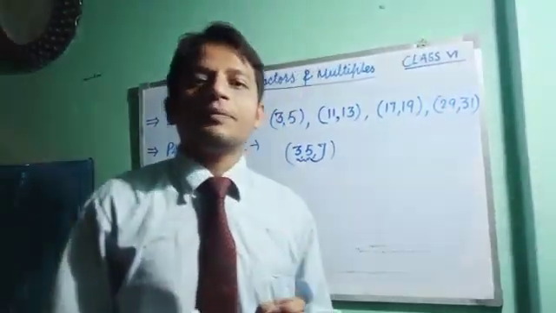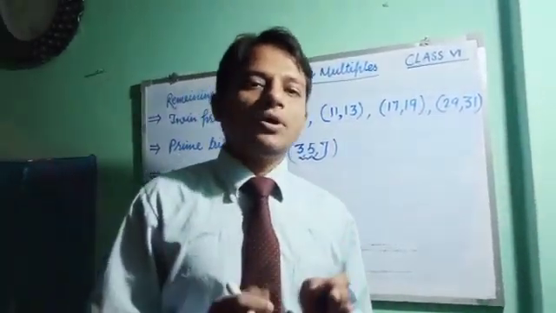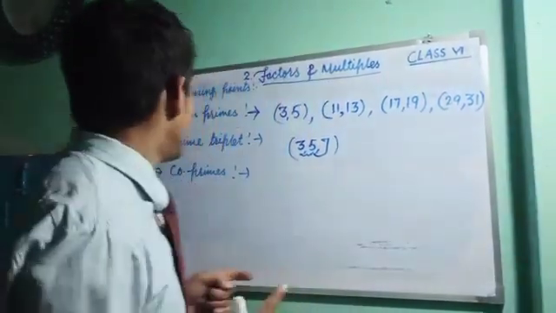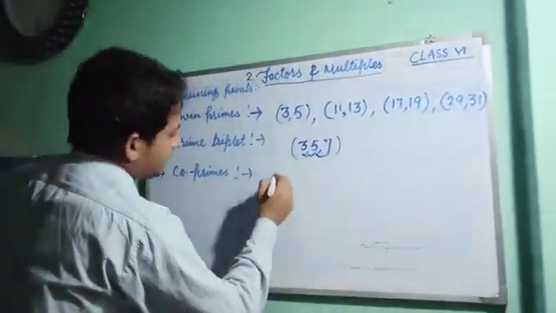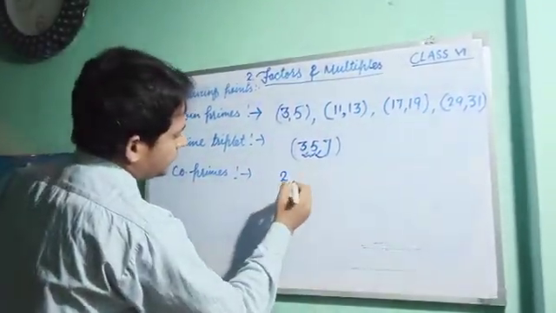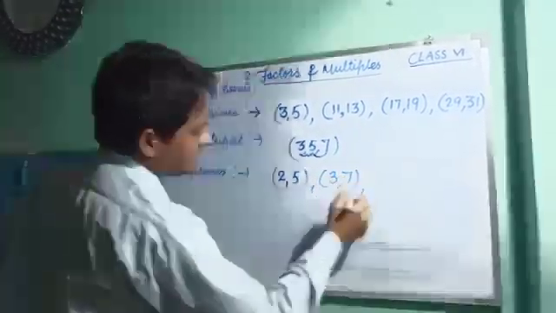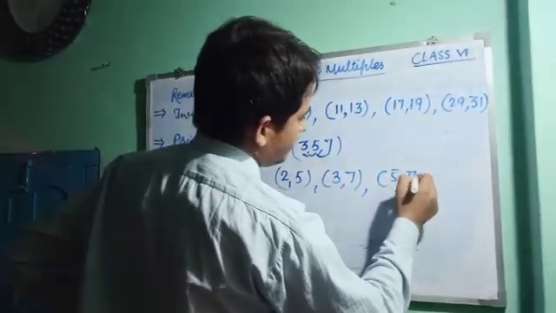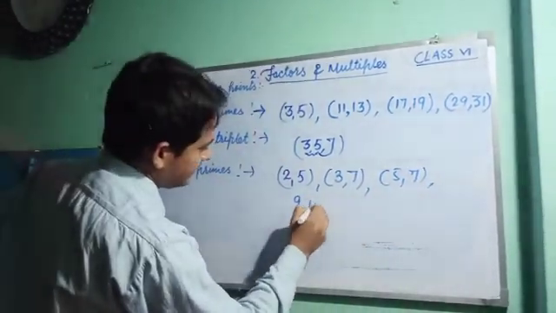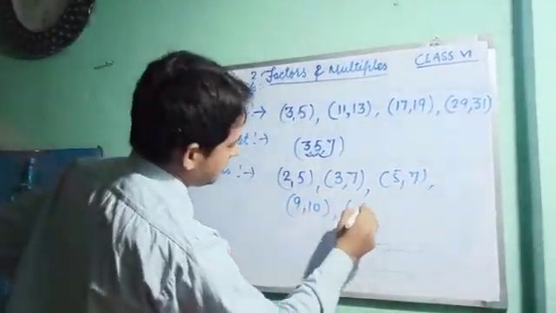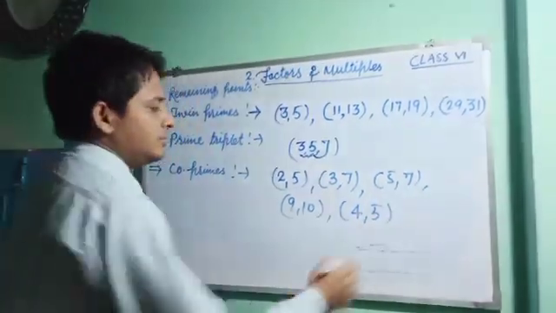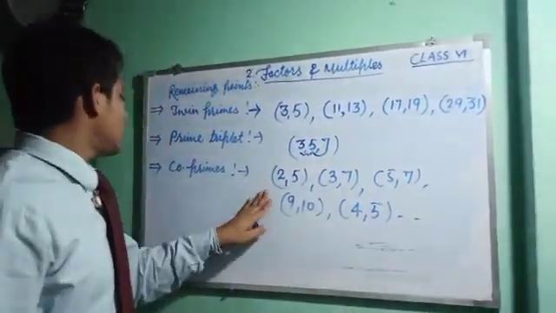That means two numbers having only one common factor, which is 1. Suppose examples: 2 and 5, 3 and 7, 5 and 7, 9 and 10, 4 and 5, etc. So these are all co-primes.